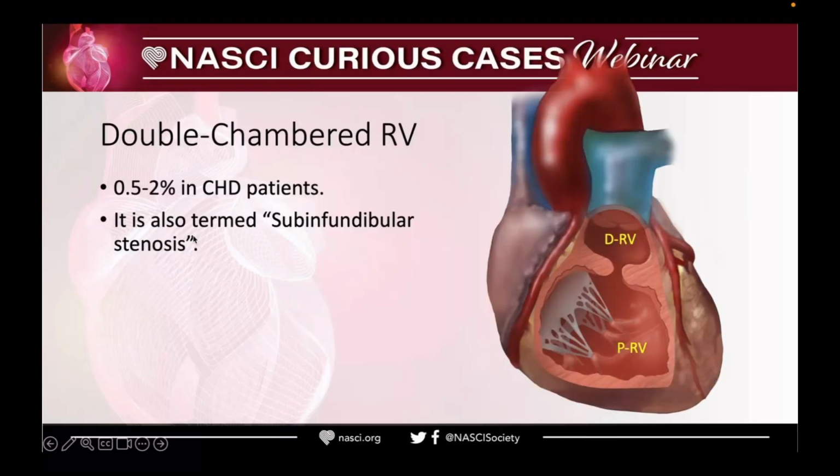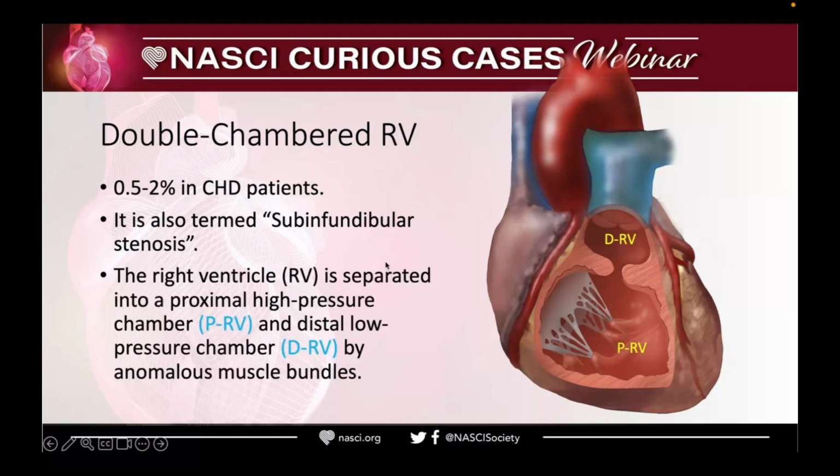This is a patient with double chambered right ventricle. It's an uncommon situation, but they call it subinfundibular stenosis. It's subpulmonic stenosis, a ring of tissue that causes some narrowing of the right ventricular outflow. They call it 2 chambers because that ring of tissue divides the right ventricle into 2 chambers, a proximal one that is high pressure, and a distal one that is a little bit lower pressure.